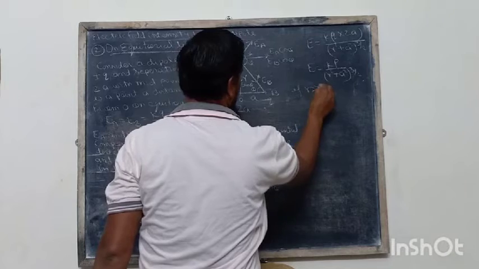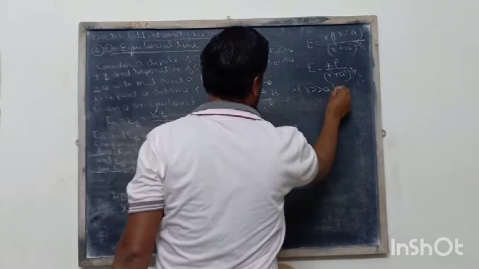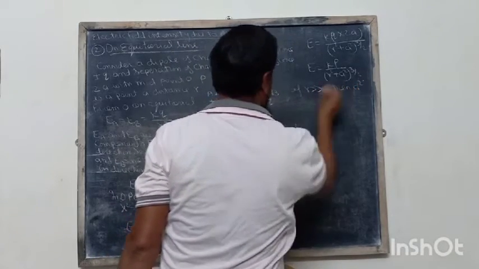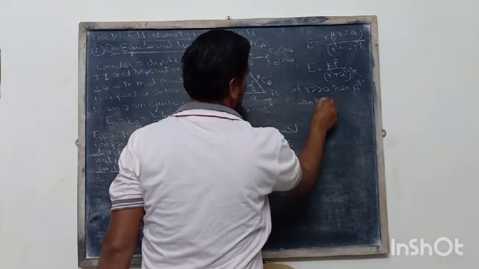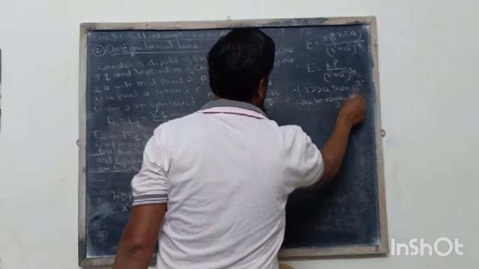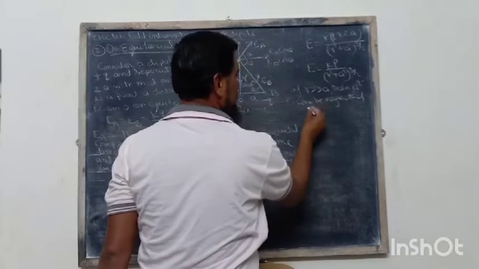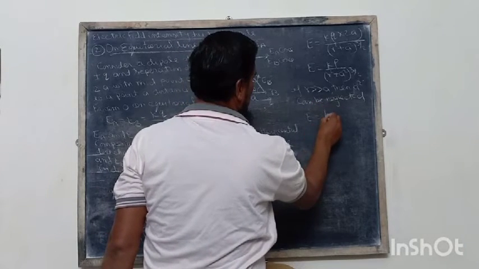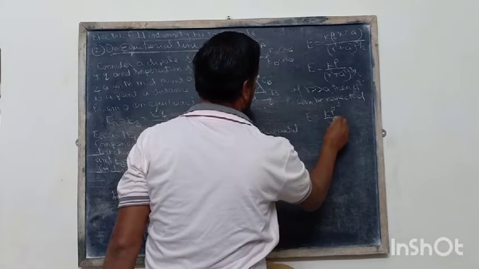If r is very much greater than a, then a square can be neglected. So E is equal to kp upon r cubed.